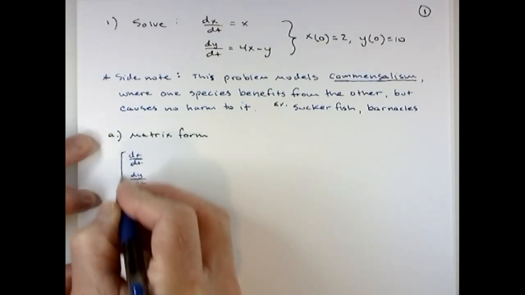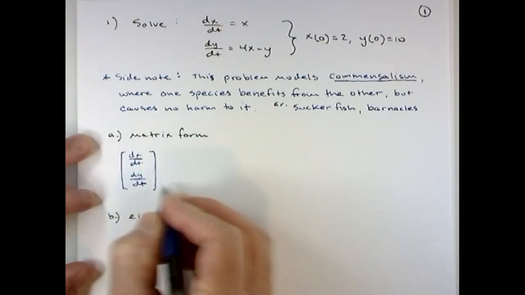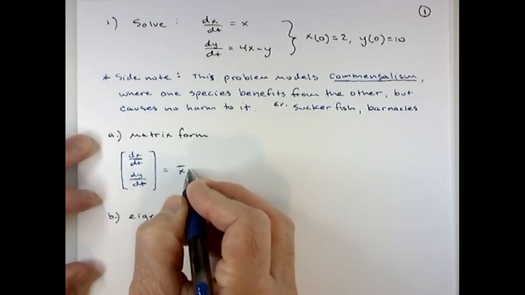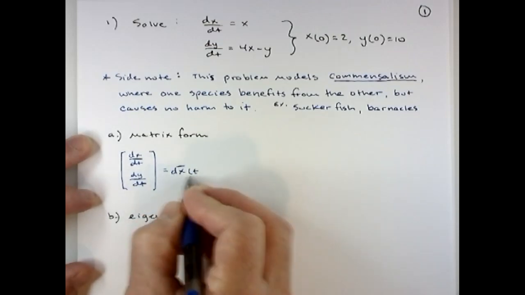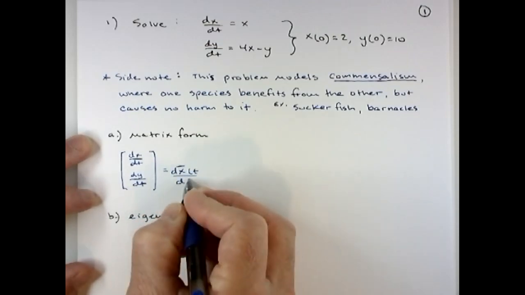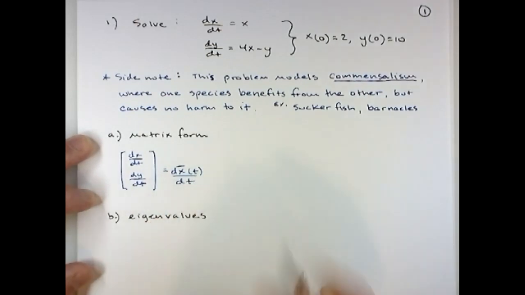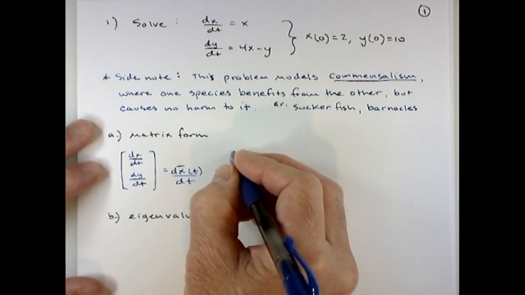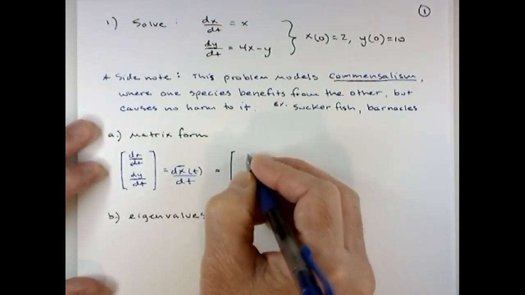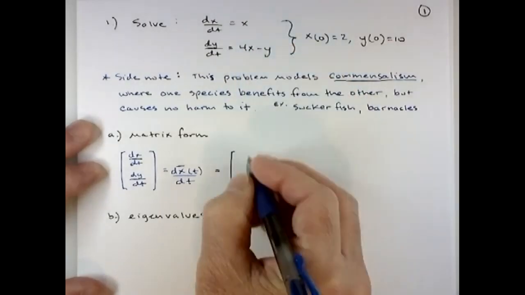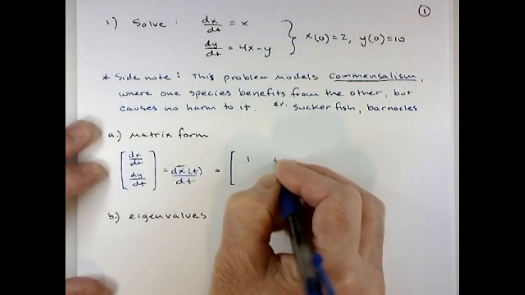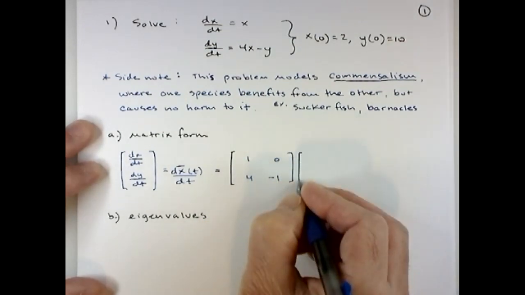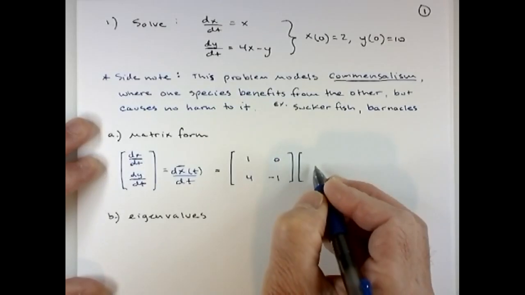If we put this in a matrix or a vector, collectively, these two we're going to call x bar of t, dx bar dt. So this equals our matrix, which is made up of our coefficients of x and y: 1, 0, 4, negative 1, times x and y.